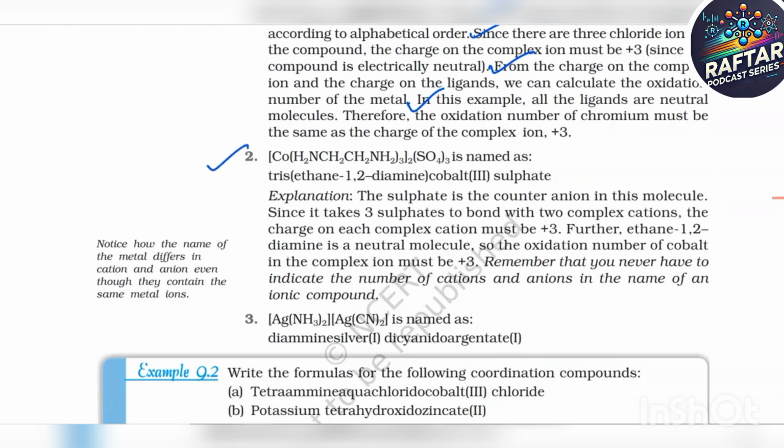Second, [Co(H2NCH2CH2NH2)3]2(SO4)3 is named as tris(ethane-1,2-diamine)cobalt(III) sulfate.